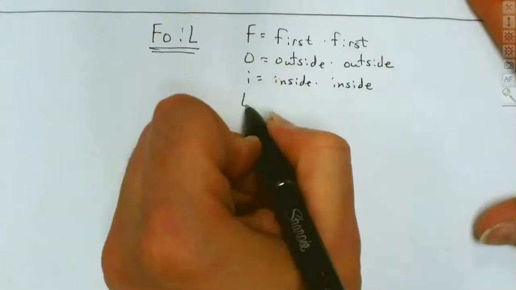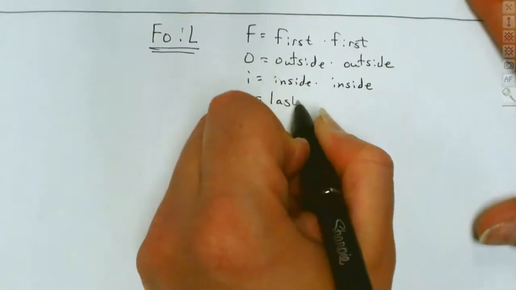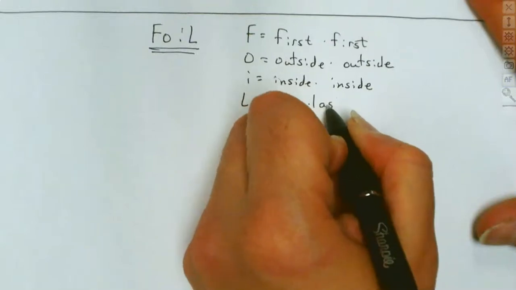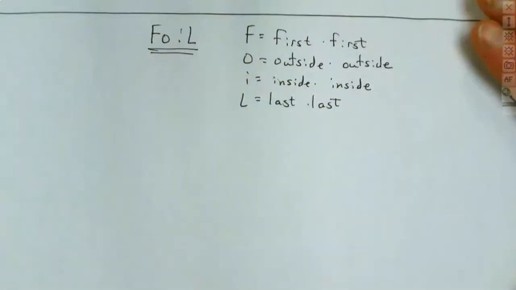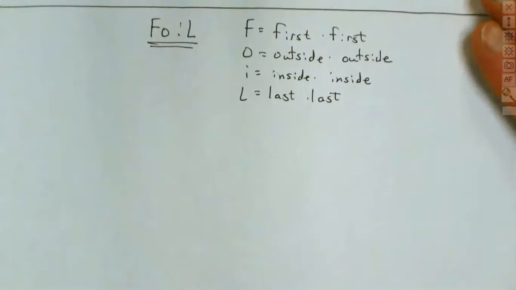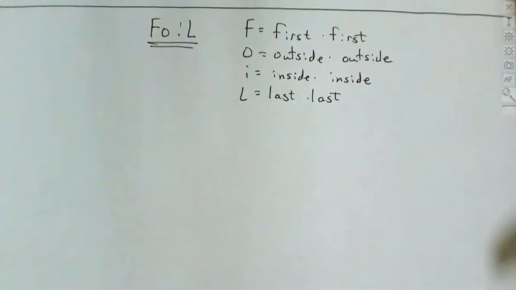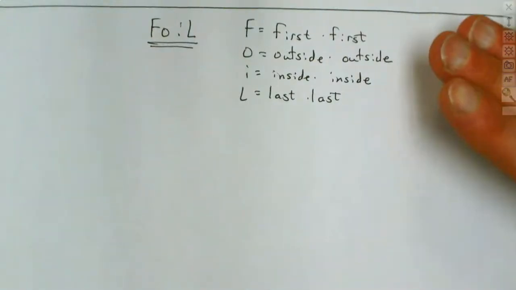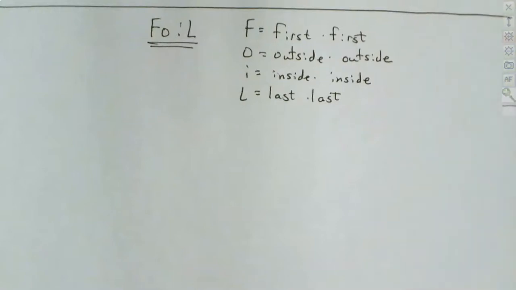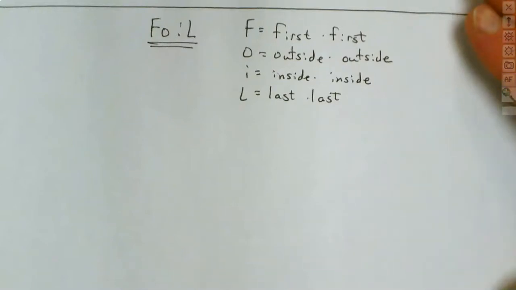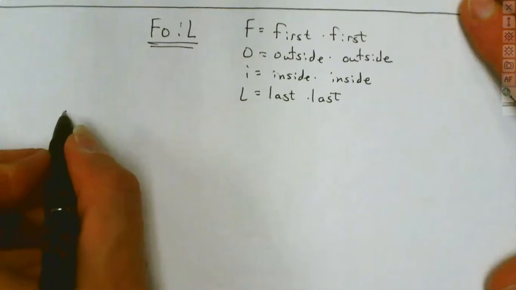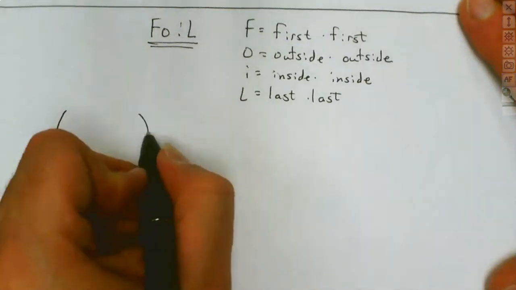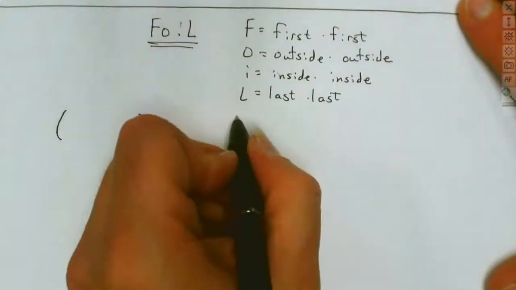And the L is the last times the last. And we did a few of these in our homework in that 2-6. And we also had one of them on our exam where we had to FOIL. And FOIL works when you have a binomial times a binomial.